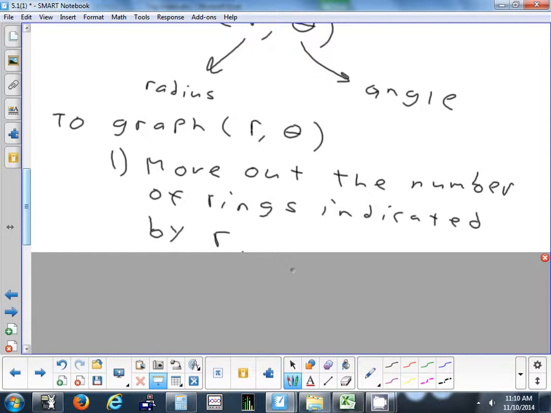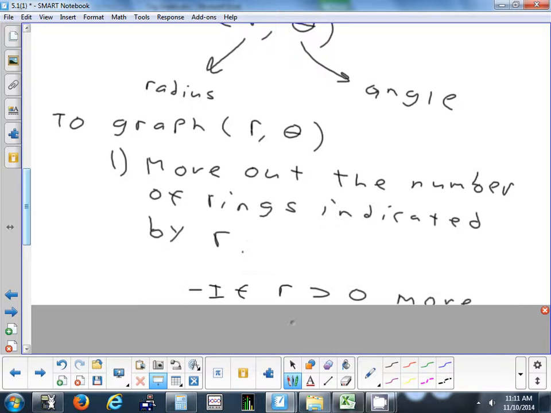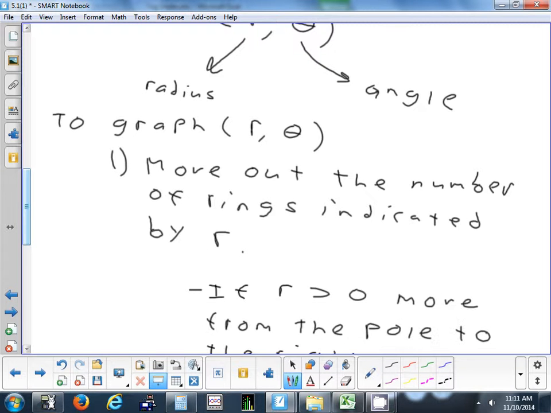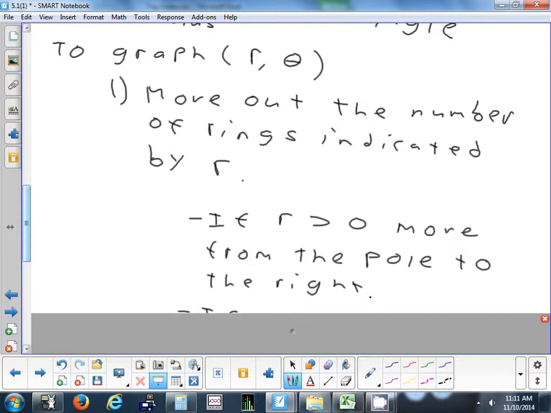Any guess what kind of numbers, positive or negative, are going to force me to go to the right? Positive, yeah. If r is positive, you're going to start from the pole and move to the right. So if r is greater than 0, start from the pole, or we call it the origin, and go to the right. How many units?